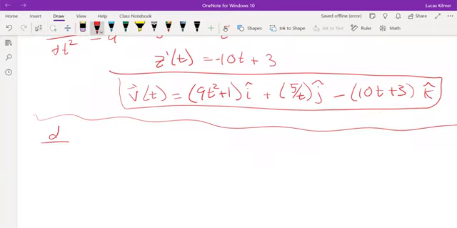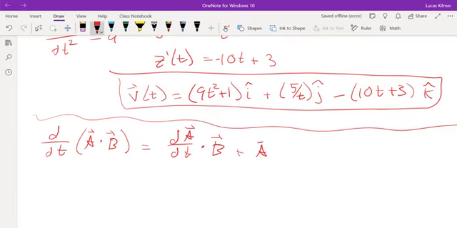So let's say I wanted to find out with respect to time what vector A dot vector B would be. We would take the derivative of A dotted with B. So the derivative of A with respect to time dotted with the original vector B, plus A dot dB over dt.